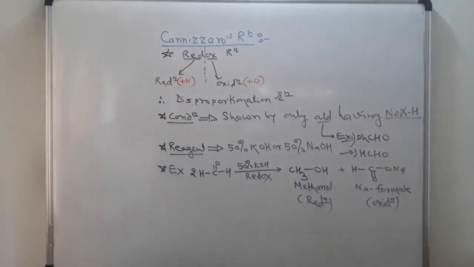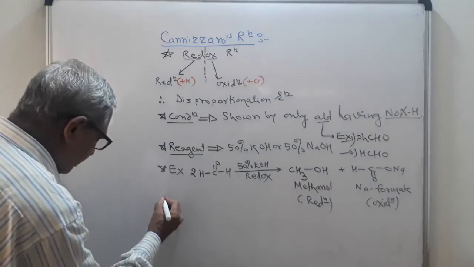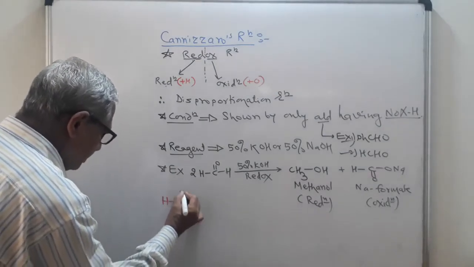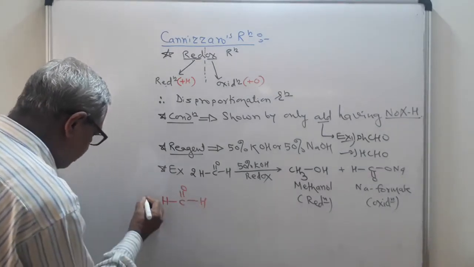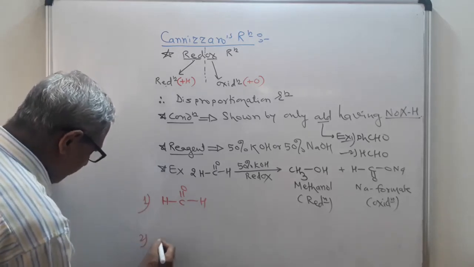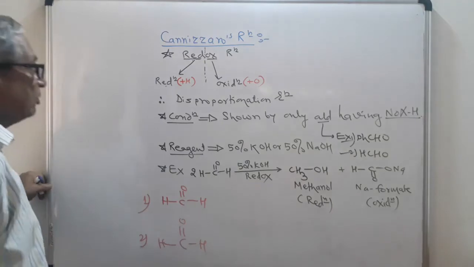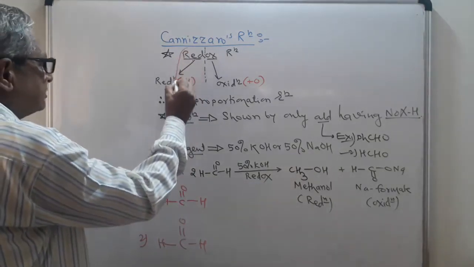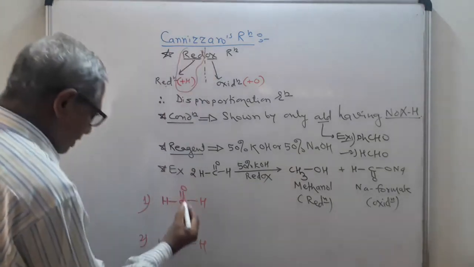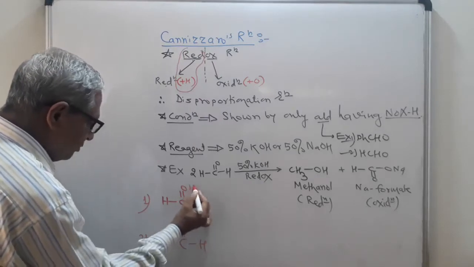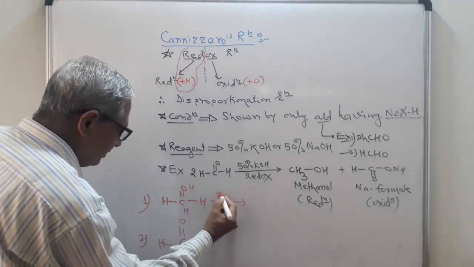Now see here, there are two molecules here. One is H-C double bond O-H. This is the first molecule. Second molecule of formaldehyde is written here, H, C double bond O, H. Now you know the meaning of reduction, addition of hydrogen. So you add one hydrogen atom, which reaction takes place here?